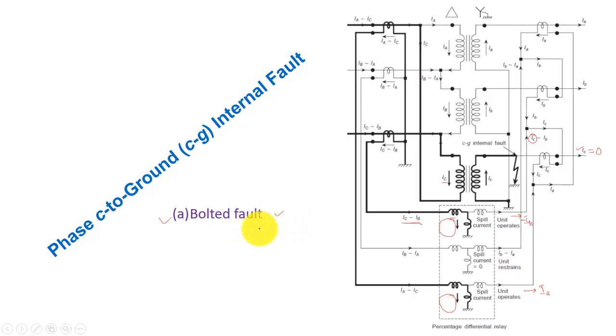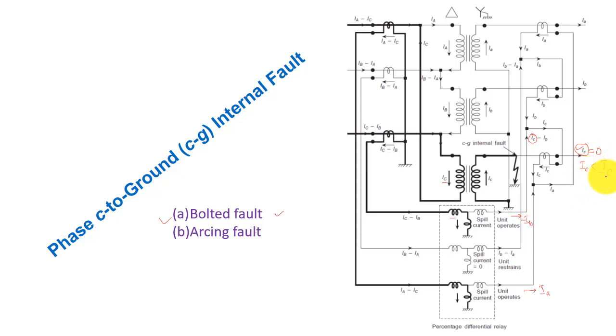Now let us consider the arcing fault. In case of an arcing fault, what will happen? When the arcing fault happens here at terminal C, your IC will not become completely 0. It will in fact have some value, lesser than capital IC.